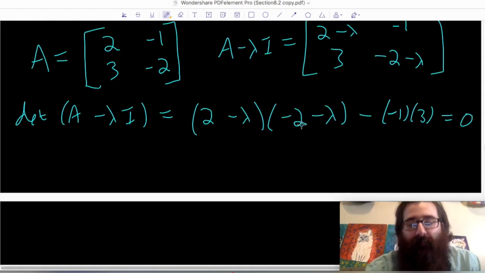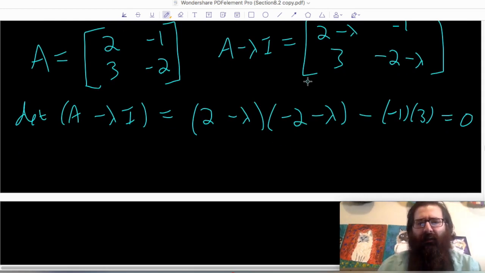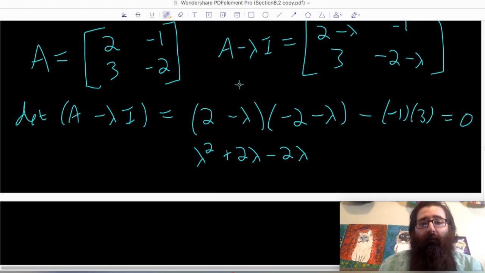We can work with this, so let's go ahead and expand this out. Negative lambda times negative lambda gives me positive lambda squared. Negative lambda times -2 gives me a positive 2 lambda. Negative lambda times 2 gives me -2 lambda. 2 times -2 gives me -4.